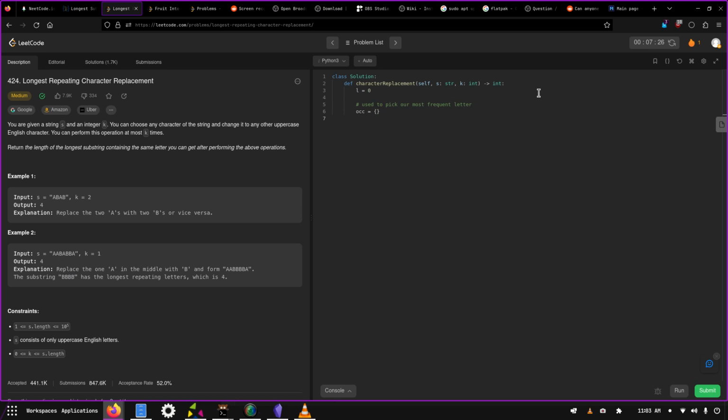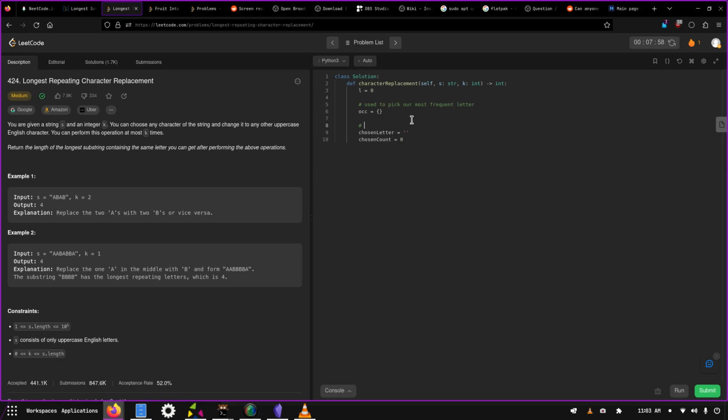And I might need to have just the most frequent letter chosen letter, and maybe chosen count is equal to 0. I'm not sure if this is necessary yet, but I will keep this here because it seemed relevant for our drawing that we had.